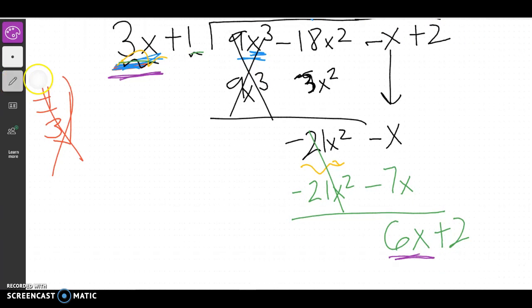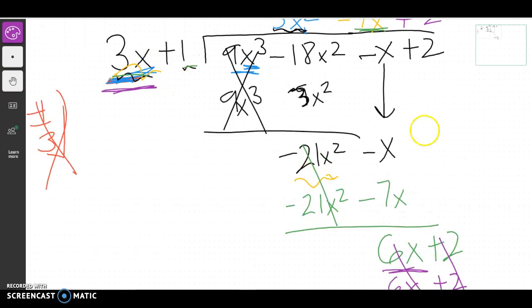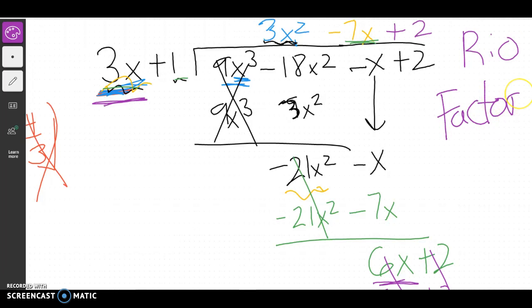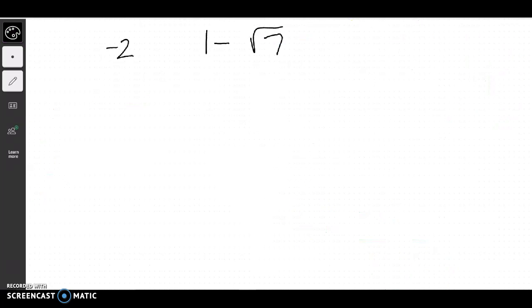And then when we multiply those things, we'd get 6x plus 2, because it would be 2 times the 3x. When we do that, that cancels and that cancels. So my remainder would be 0, and this would be a factor. And the reason we know it's a factor is because the remainder is 0.